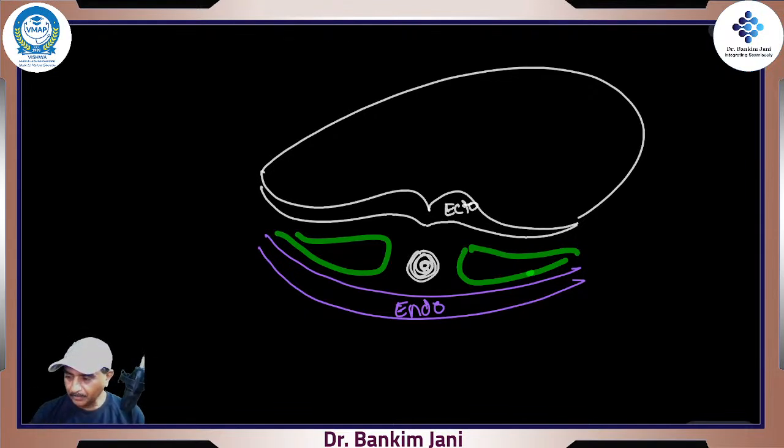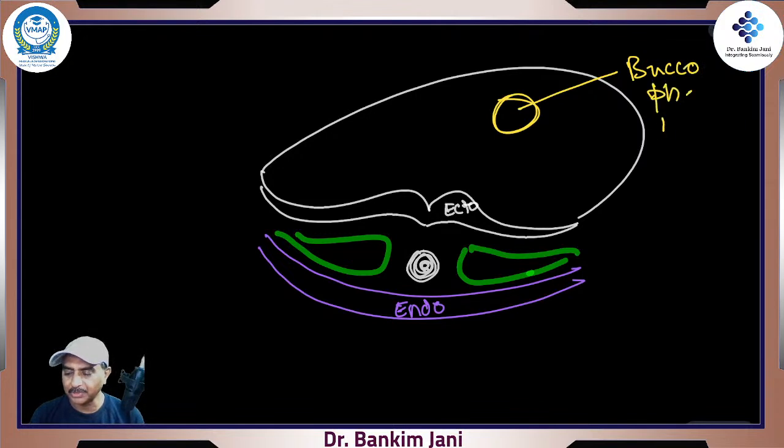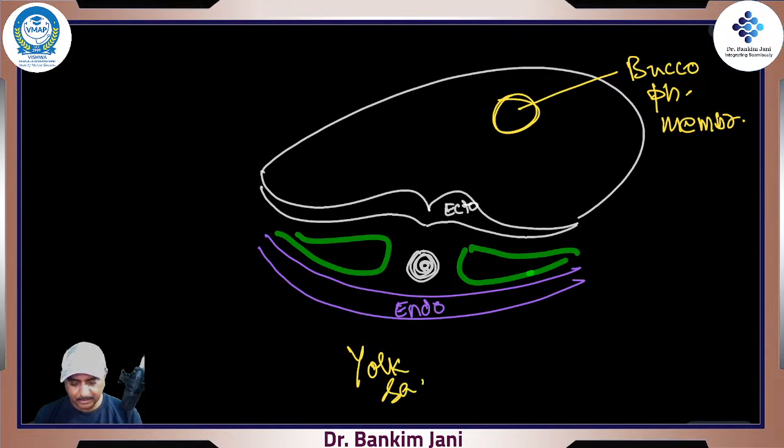Things to remember: over here there was one membrane, right, which will be the future mouth. That was the buccopharyngeal membrane, right? So that is how we decide that it is the cranial end. And here is the yolk sac, correct?